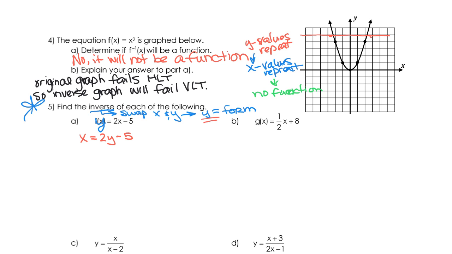So if you notice where y is, you're going to realize that there's a 2 and a -5, and both of those have to leave in order for y to get by himself into y equals form. And it's kind of PEMDAS backwards, so we're actually going to add 5 since we're solving instead of plugging in. Okay. X plus 5 is literally just x plus 5 equal to 2y.